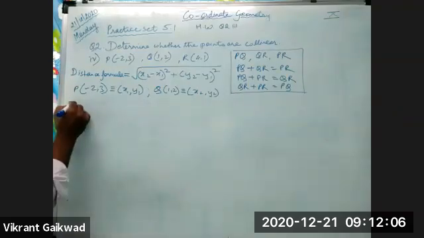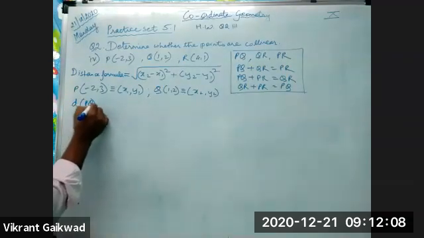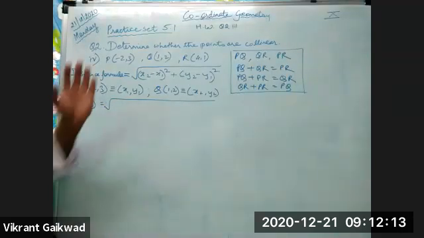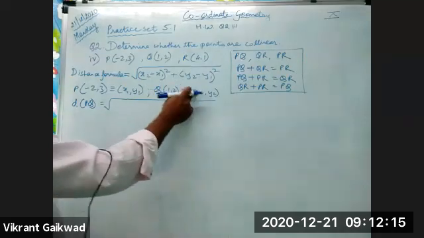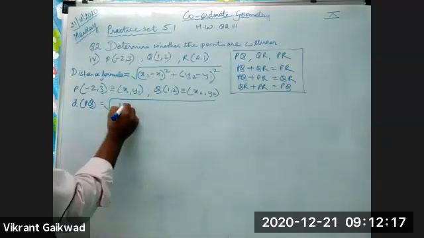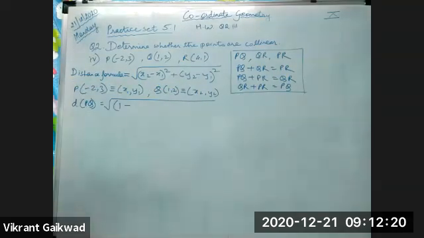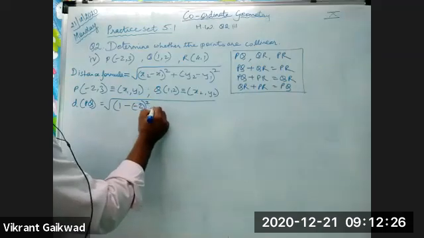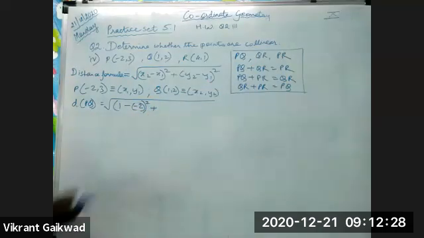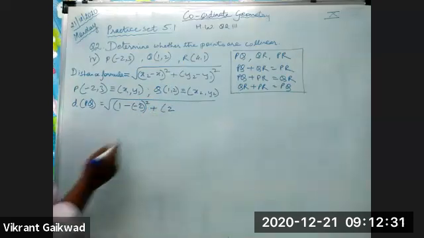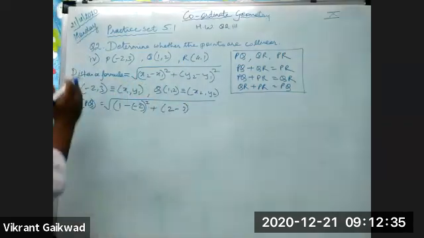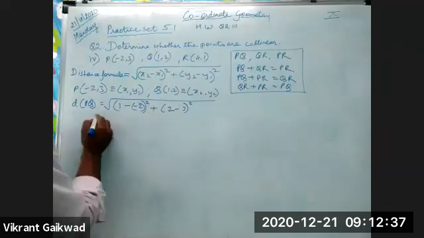So now the distance PQ equals the square root of, the formula is already written, x2 is 1, so 1 minus x1, which is minus 2. So it would be (1 minus of minus 2) the whole square plus y2 is 2, so 2 minus y1 which is 3, so (2 minus 3) the whole square.